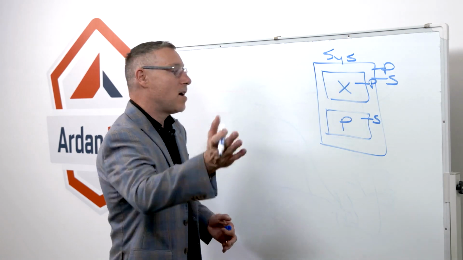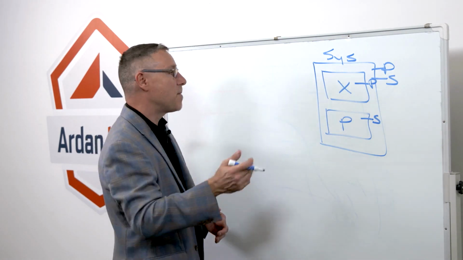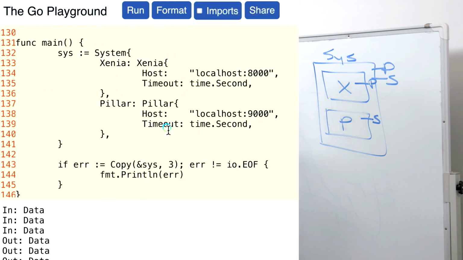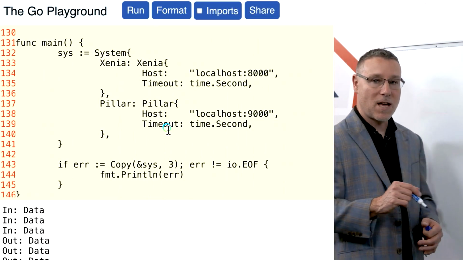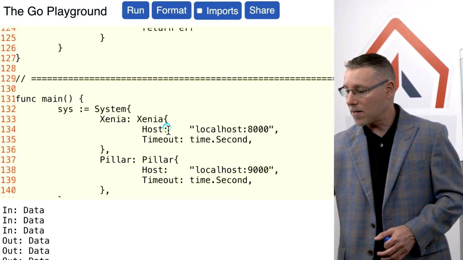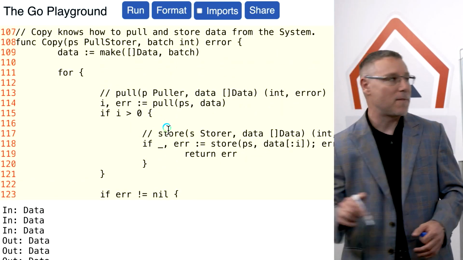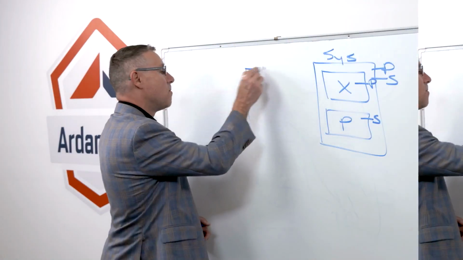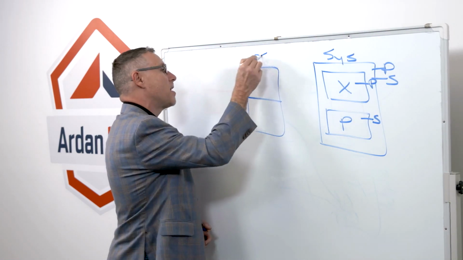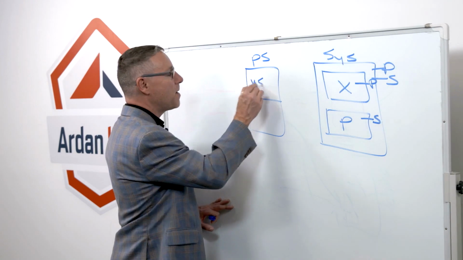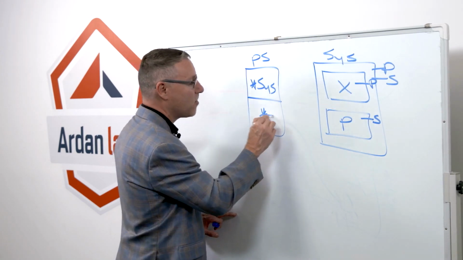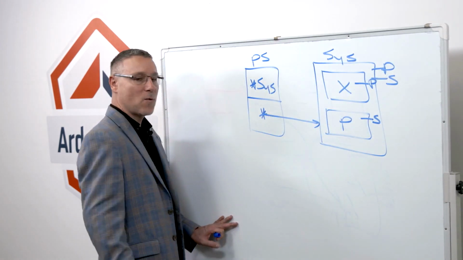There it is. Now, when we call copy, copy says I want a pull store. But look on line 143. We're passing the address of system across that program boundary. And when we pass the address of system across the program boundary, what happens here? Well, on this side of the program boundary, we're going to get our PS variable, our valueless PS. But what's going to happen is we really pass the system address over, which means that's what we're storing.